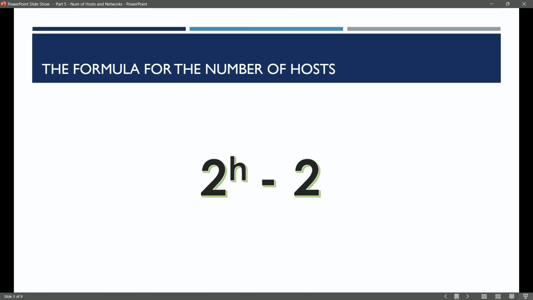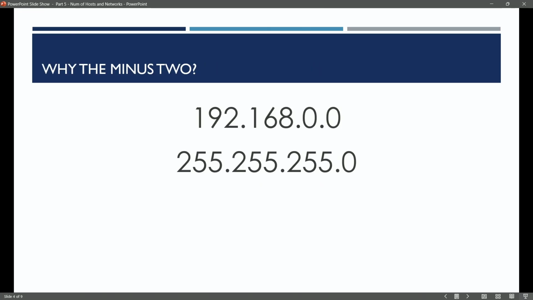Now, one thing you might wonder about is, okay, what is the minus 2 all about? I get that we're just going to count up the host bits and that becomes our exponent. But what about the minus 2? Well, the minus 2 is because we cannot have all zeros in the host bits.